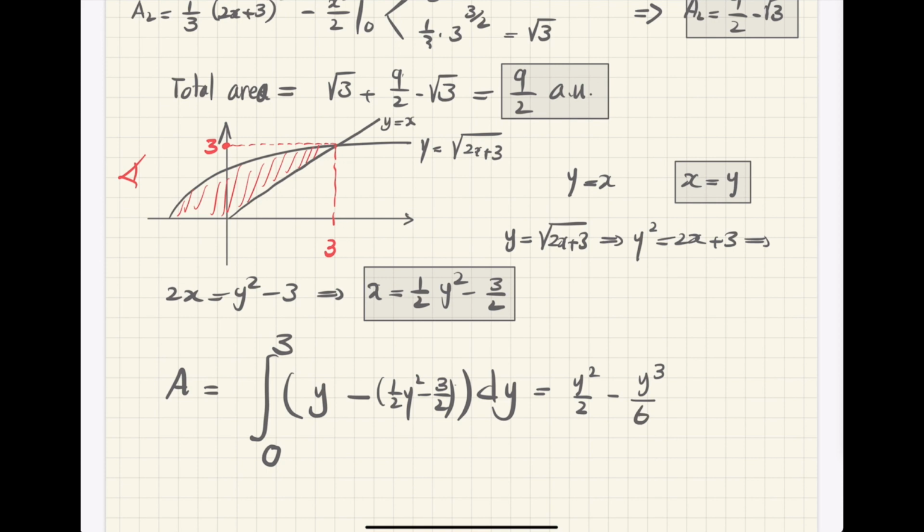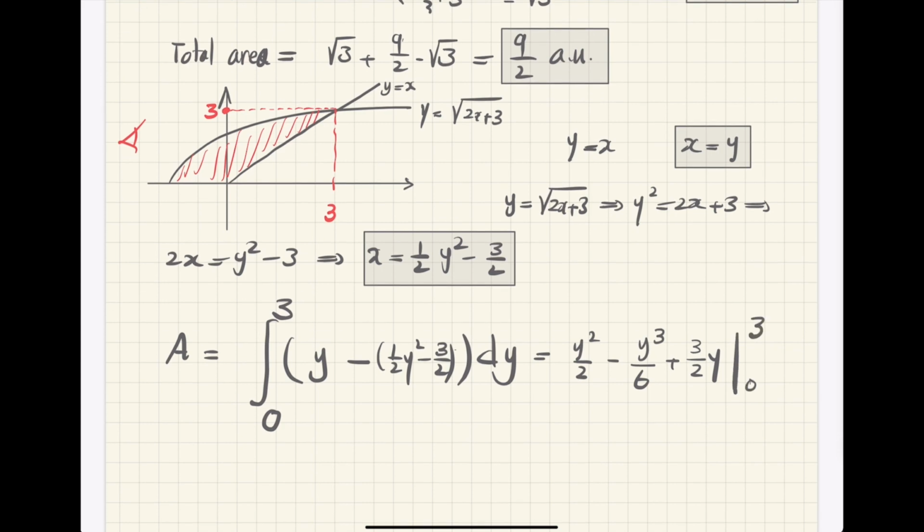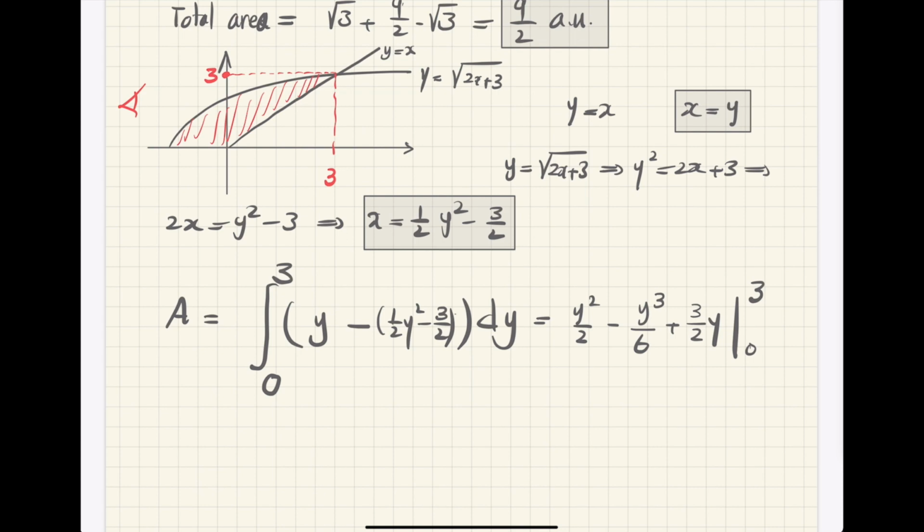For the other one, minus minus is positive, and the primitive function for positive 3/2 is just 3/2 times y. Don't say x because your variable is y in this case. And what you have to do is calculate it from 0 to 3. The good point is that you don't need to care about 0 because everything will vanish. So I need to put 3 here. So it becomes 9 over 2 minus 27 over 6 plus 9 over 2.